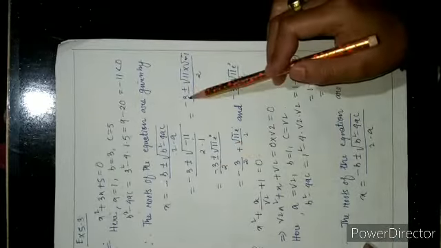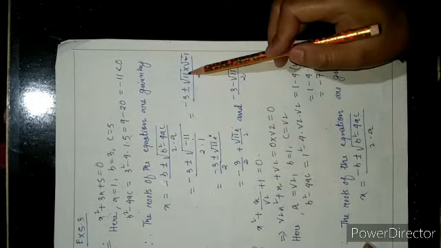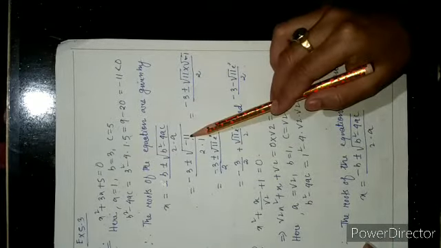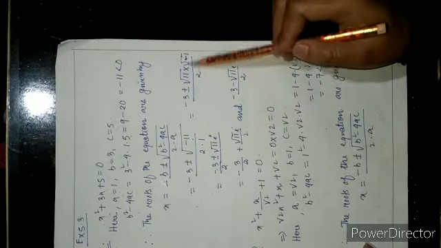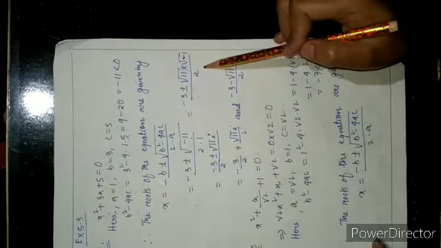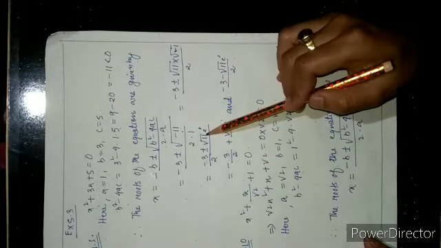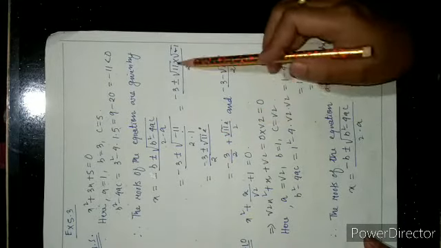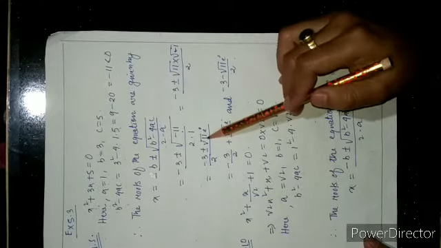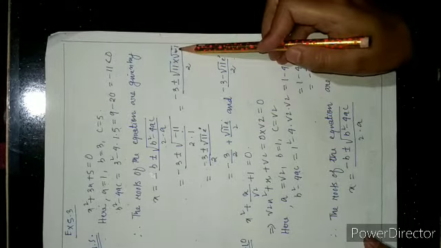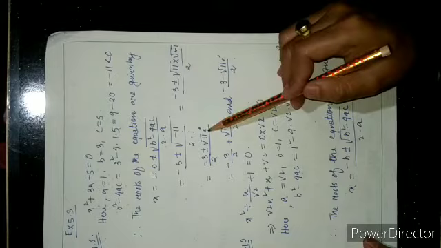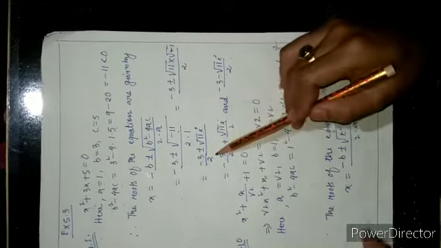This root over minus 11 can be expressed as root over 11 into root over minus 1, divided by 2. Minus 3 plus minus root over 11. 11 is not a perfect square, so root over 11 is written as root over 11. Then root over minus 1 is i, where i is the imaginary number, divided by 2.